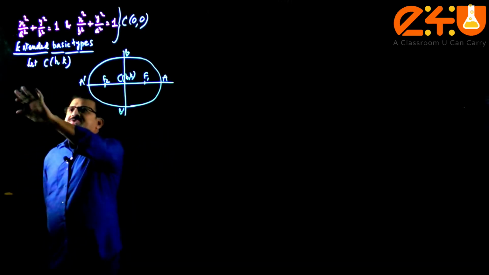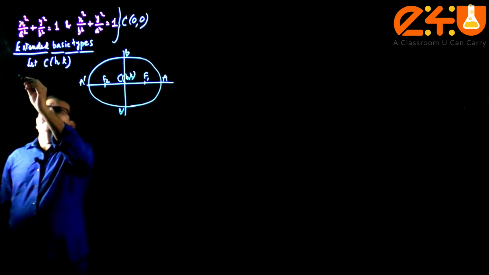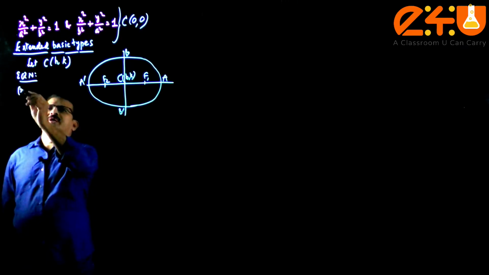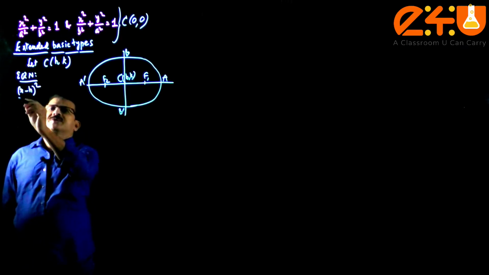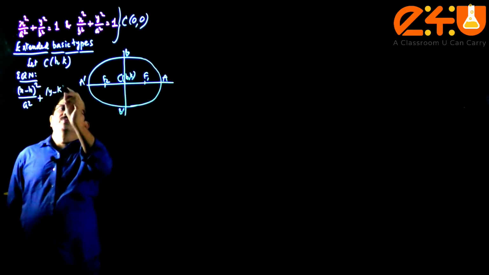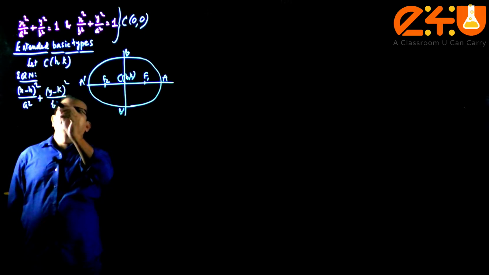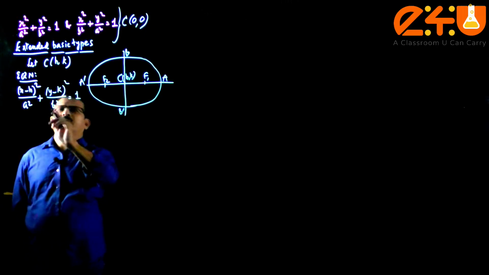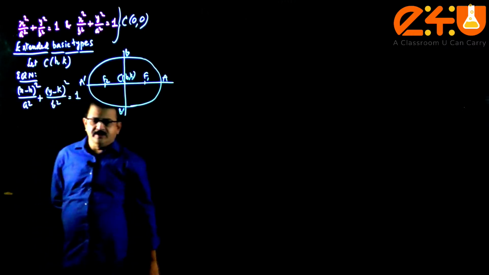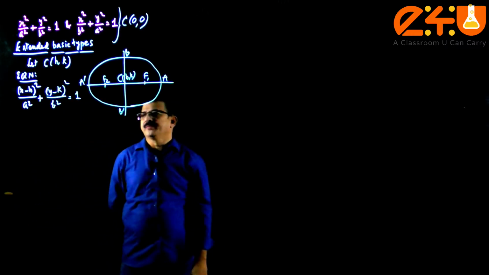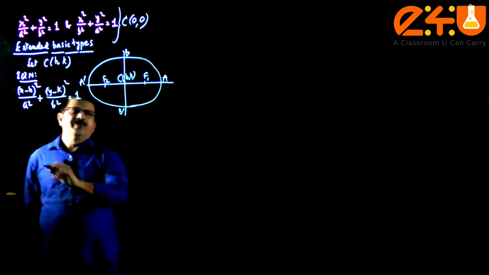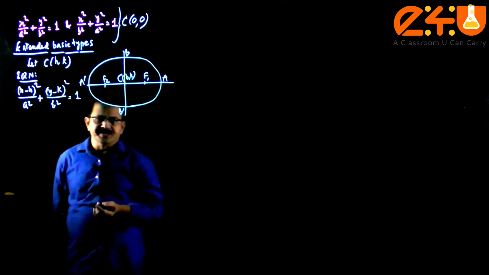If the center is h comma k, then the equation gets modified. It is x minus h whole square by a square plus y minus k whole squared by b squared equal to 1. So this is how the equation gets modified. What else gets modified? Any kind of distance doesn't get modified.